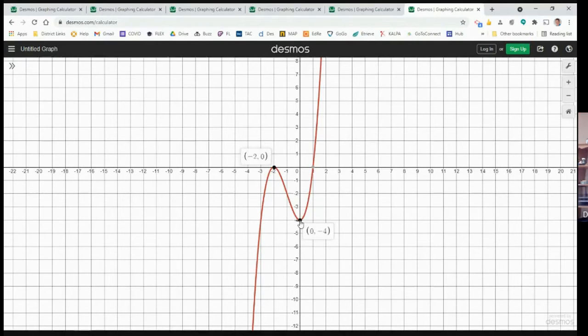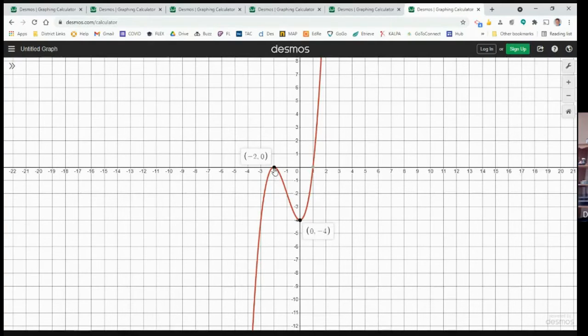So that is a relative minimum at (0, -4). It's a spot on the graph where it's decreasing on the left and increasing on the right. So that makes that a minimum, but it's a relative minimum because we can find a number that's smaller. Like over here, this y over here is smaller than -4. So this is not the absolute minimum, but it is the relative minimum.